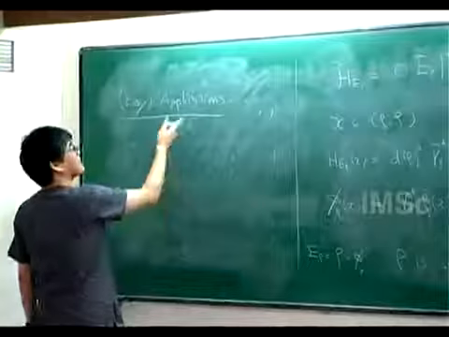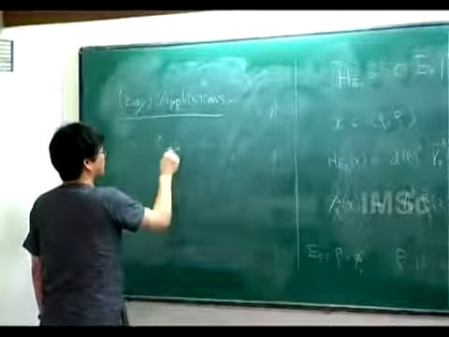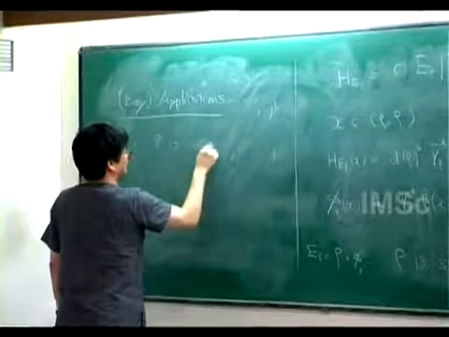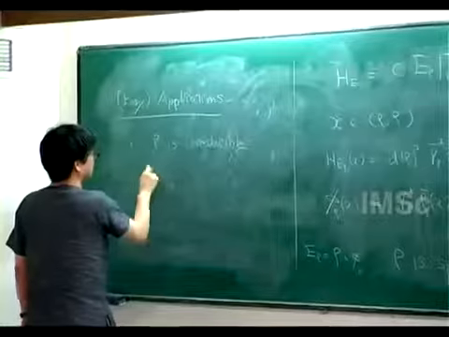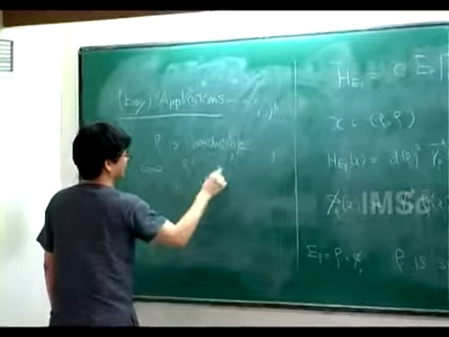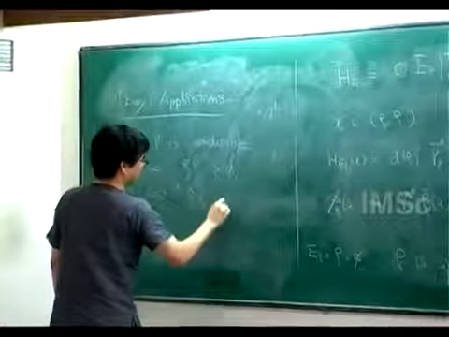So then, it's almost trivial, but rho is irreducible if and only if rho bar contains identity, and if and only if rho bar rho contains identity.